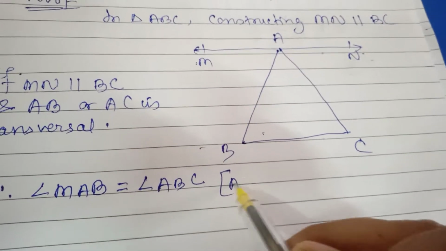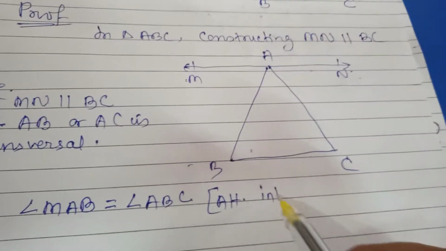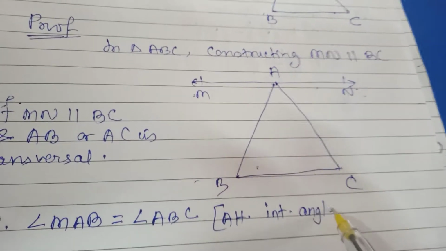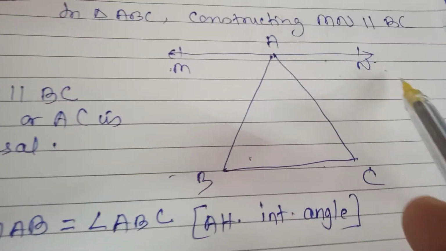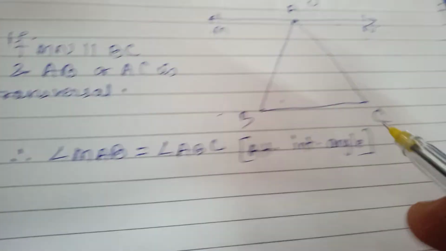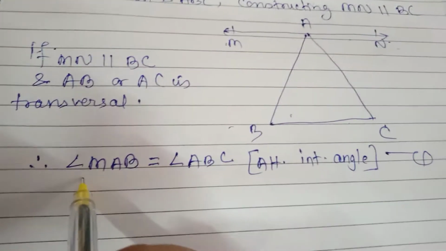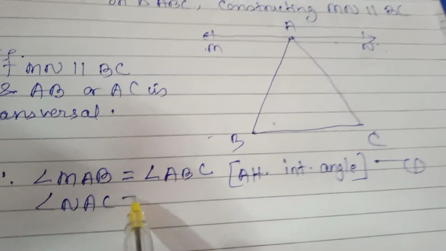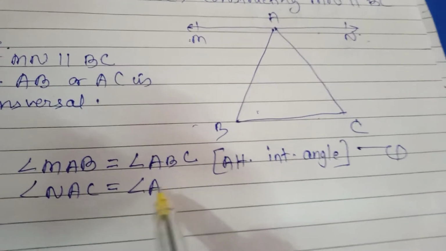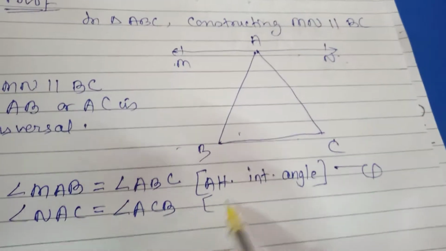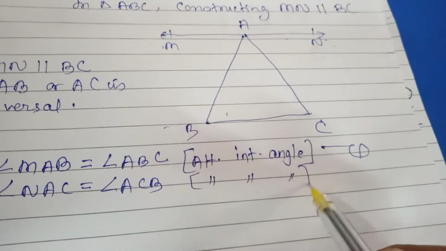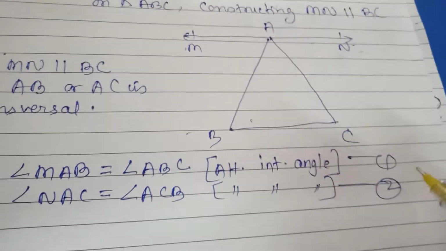Reason? Alternate interior angles. Similarly, I will write angle NAC. Give it number 1. Angle NAC is equal to angle ACB. It is what? Alternate interior angles. It is equation number 2.